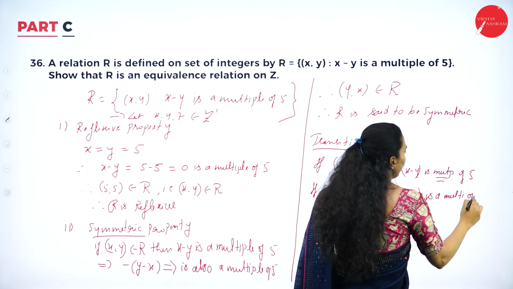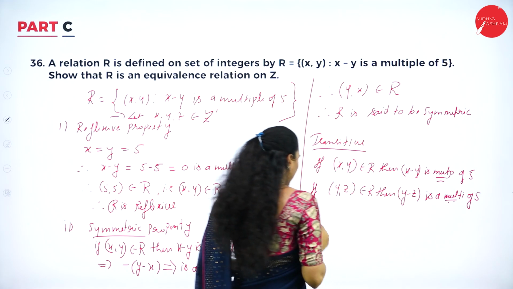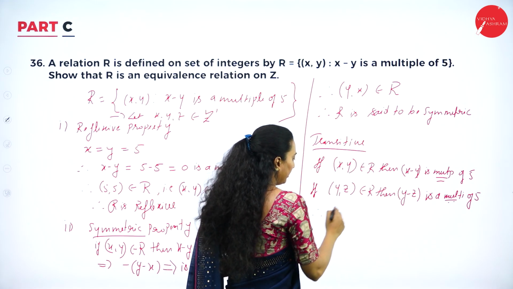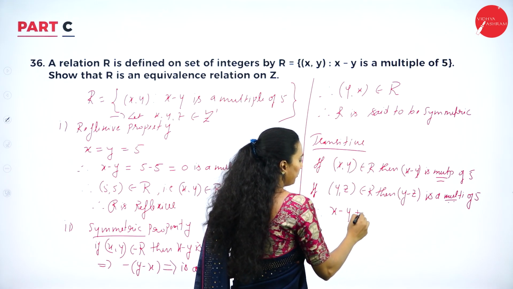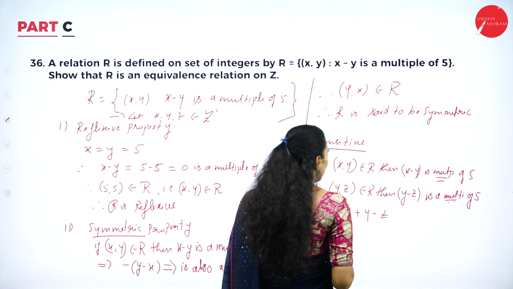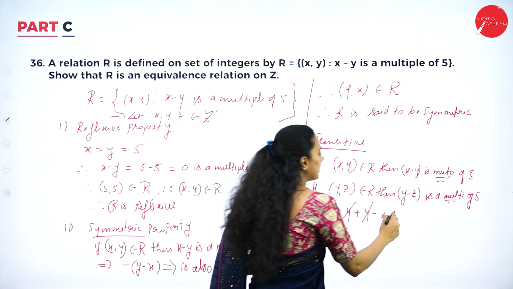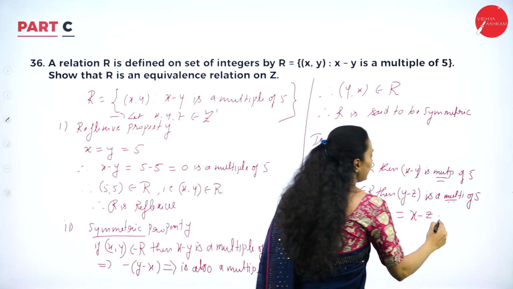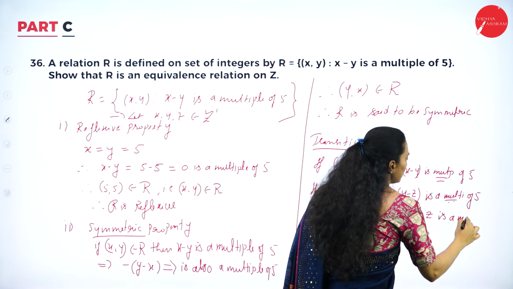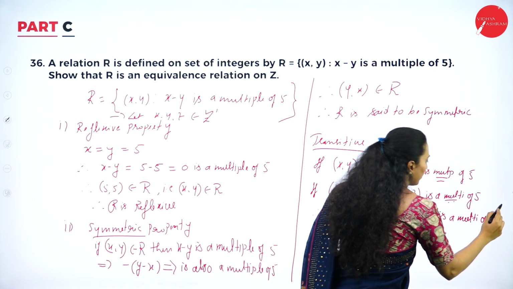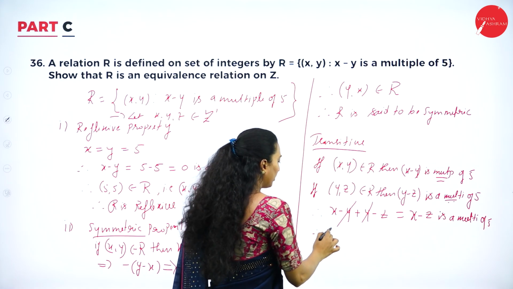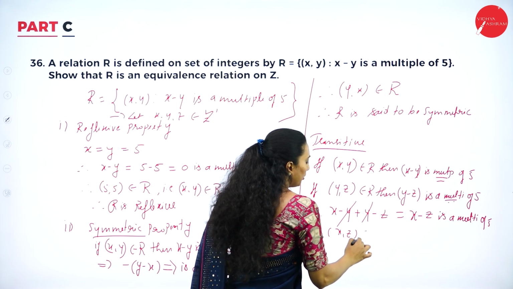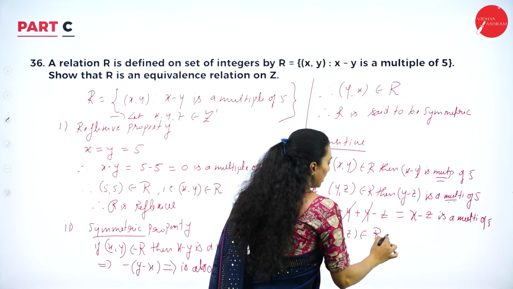Therefore, if we add them, what happens? x minus y plus y minus z. Here minus y plus y will get cancelled, which implies x minus z is a multiple of 5. So therefore, (x, z) belongs to the relation.